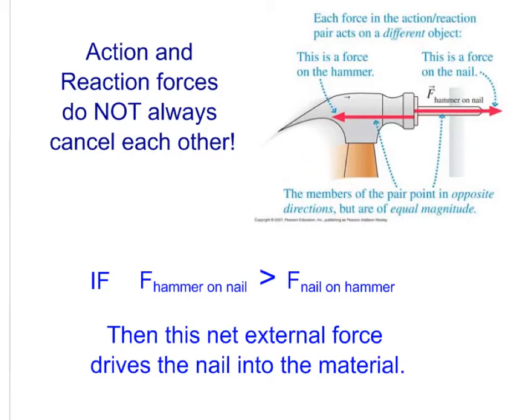There will be a change in motion. This net external force is what drives the nail into the wood or the material or whatever is happening there. So when action-reaction forces do not cancel each other out, we will have some change in motion.